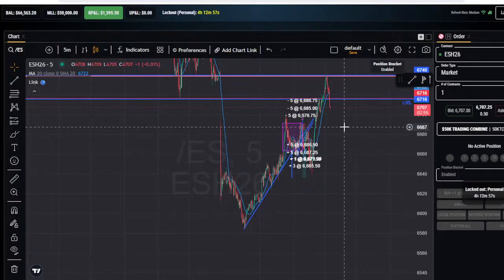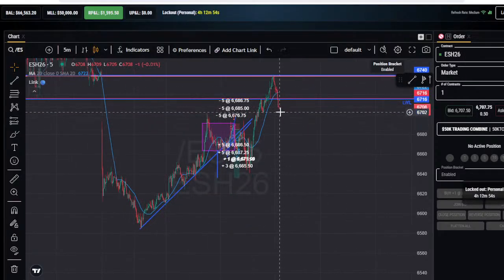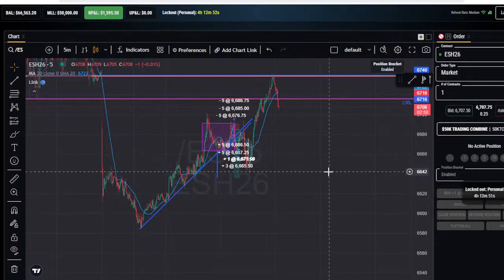So this isn't actually the top, but it could reverse up and down and do something like this too.